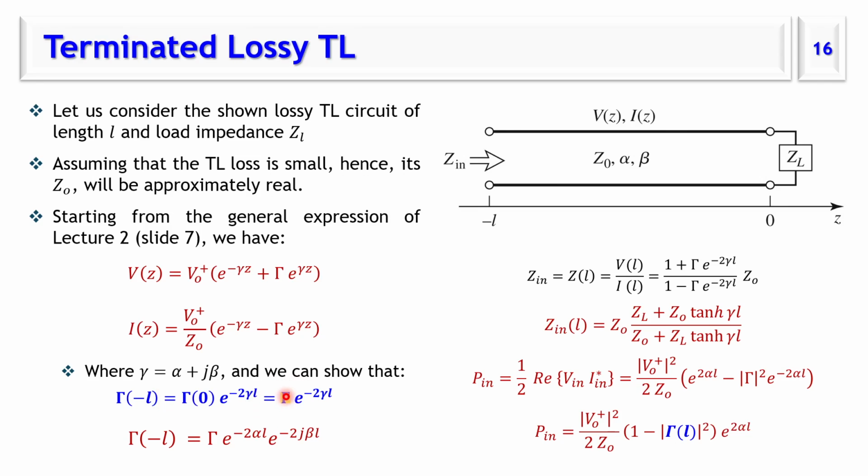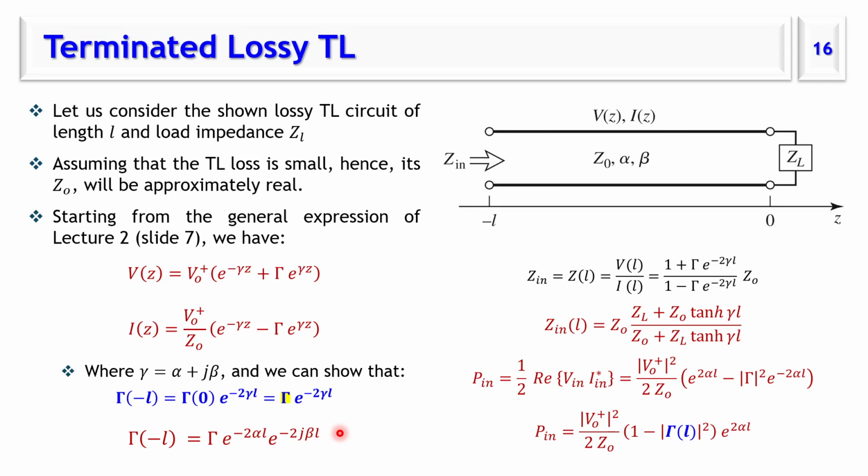The reflection coefficient at the input equals the reflection coefficient at the load multiplied by e to the minus 2 gamma L. So now we can separate this. Because of the attenuation, the reflection coefficient will not be constant across the line. It changes across the line in magnitude as well as in phase.